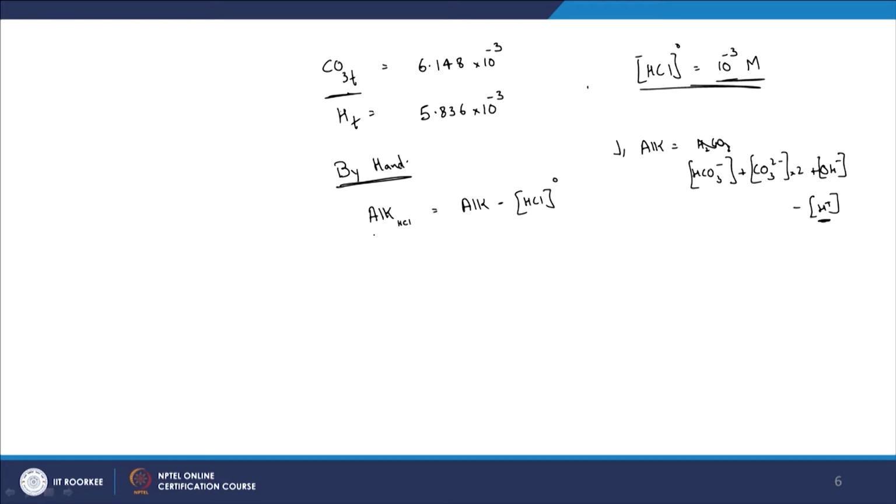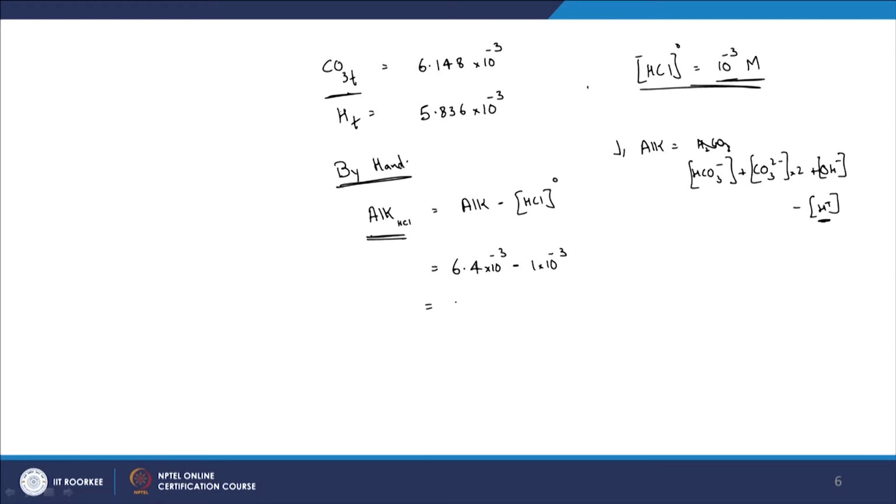That is why, in part C, alkalinity after addition of HCl is going to be alkalinity initially, which we can calculate from part B, minus HCl naught. So what is that equal to now? Let us see that here. That is equal to 6.4 into 10 power minus 3, minus, in this particular case, 1 into 10 power minus 3.